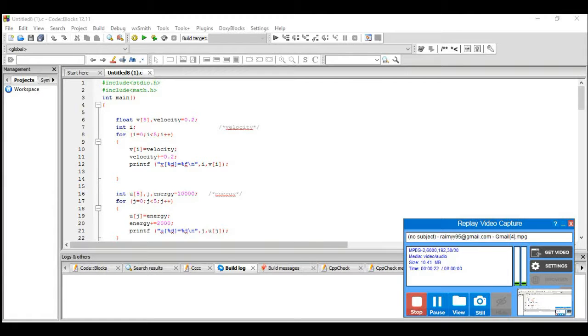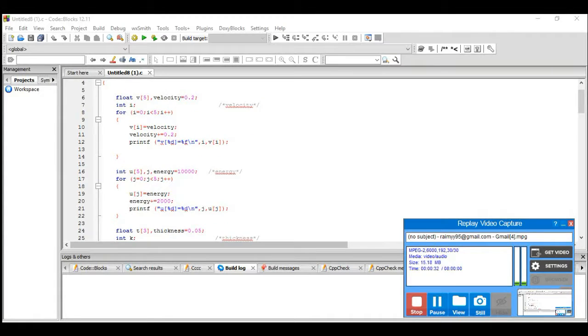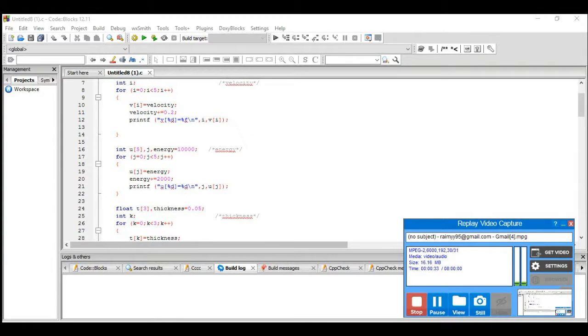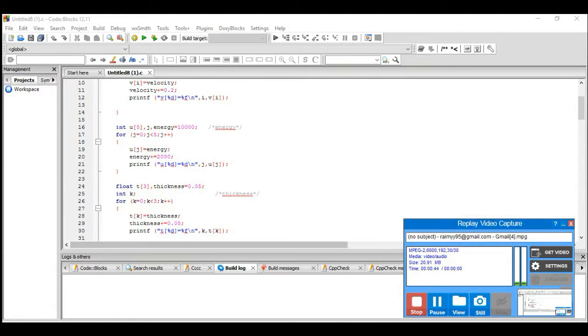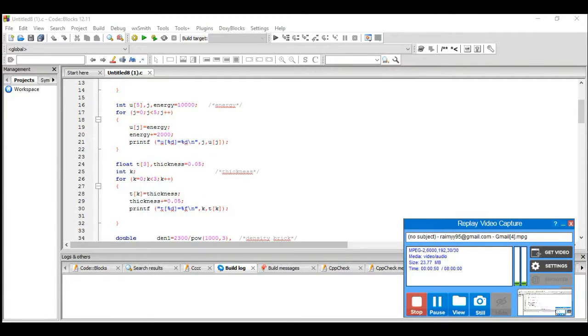First of all, I declare v5, which is the velocity, which means that my velocity will have 5 values starting from 0.2 with an increment of 0.2. Next, I declare array U5, which means the energy will have 5 values starting from 10,000 with an increment of 2,000.